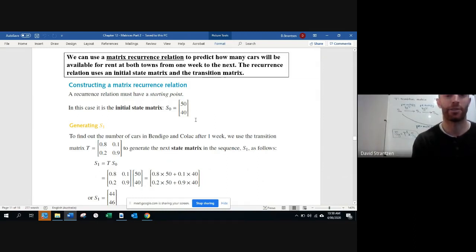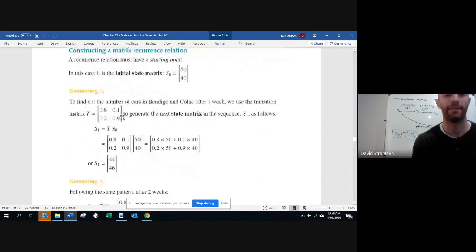And my transition matrix, when I construct that, this is the same transition matrix we've used before, must follow that same pattern. B, then C for the columns, B, then C for the rows. Remember that we had 80% of cars rented in Bendigo were returned to Bendigo, whereas 20% of cars rented in Bendigo were returned to Colac. 10% of cars that were rented in Colac are returned to Bendigo, and 90% of cars that were rented in Colac are returned to Colac.